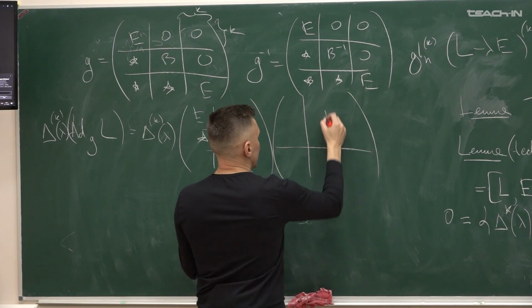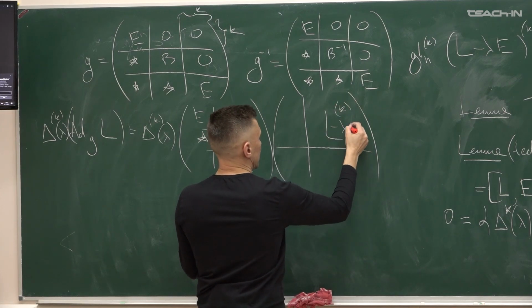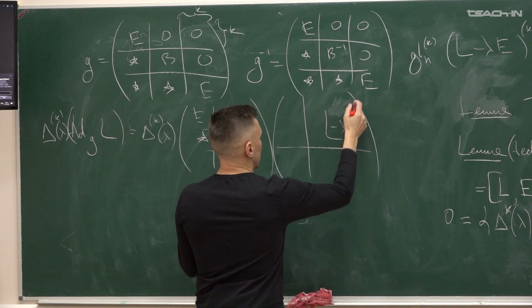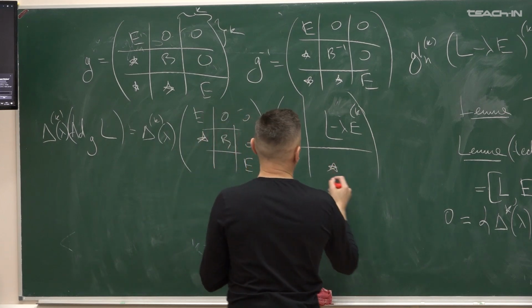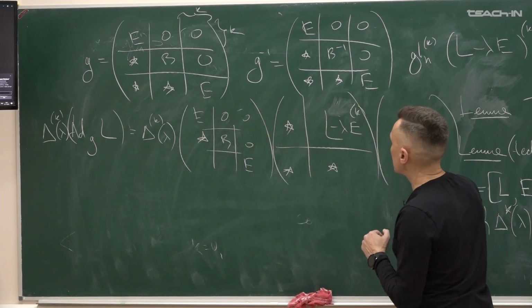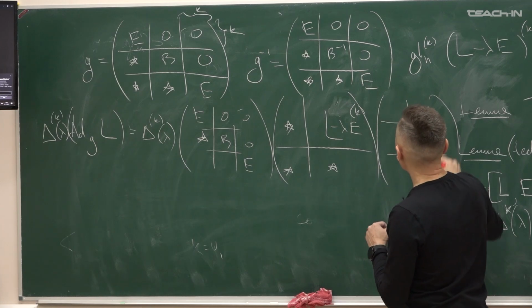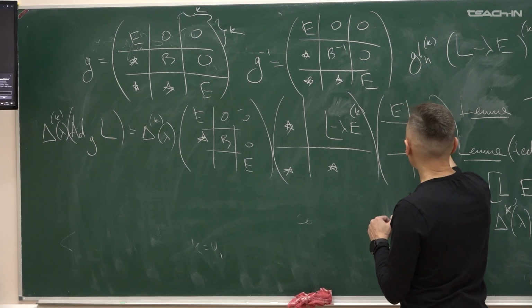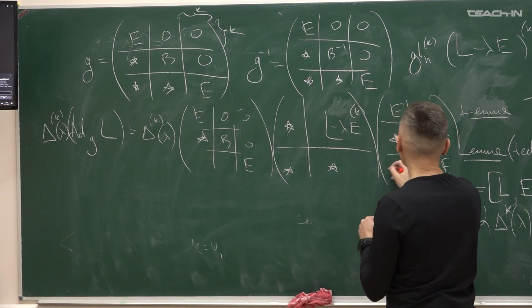Here I need this part, lambda E K part. And I'd like to multiply it by the inverse matrix E, B minus 1, 0, 0, 0, star, star, star.